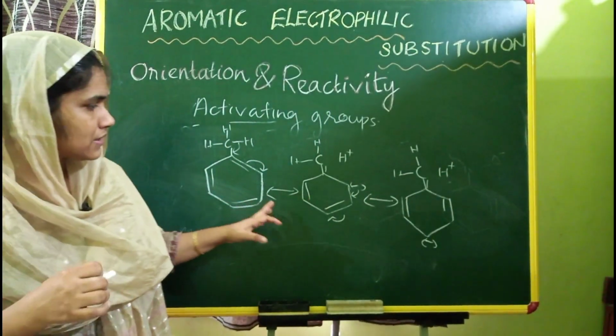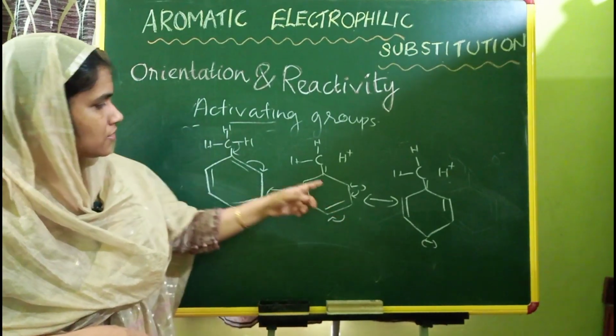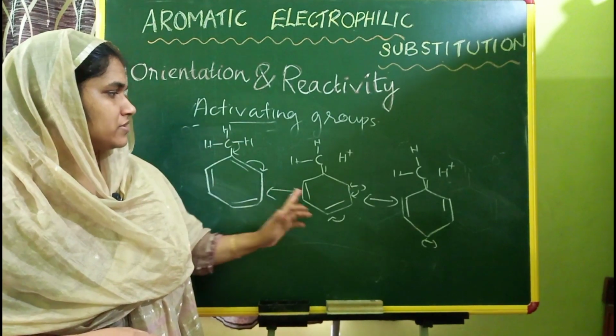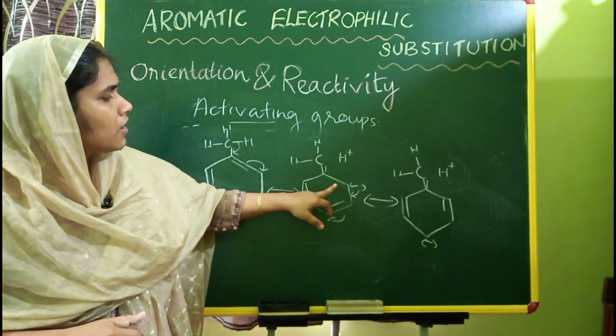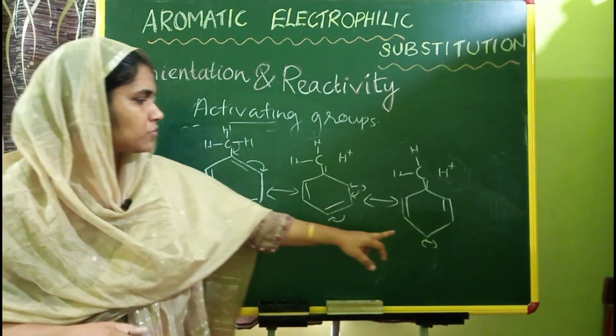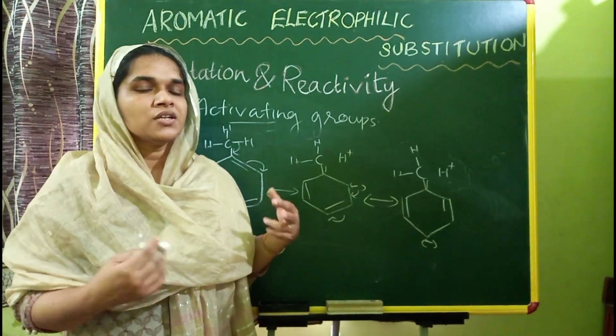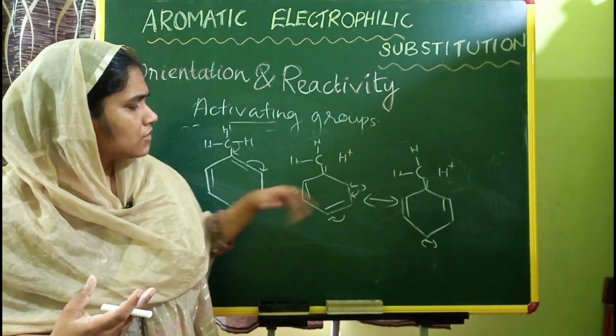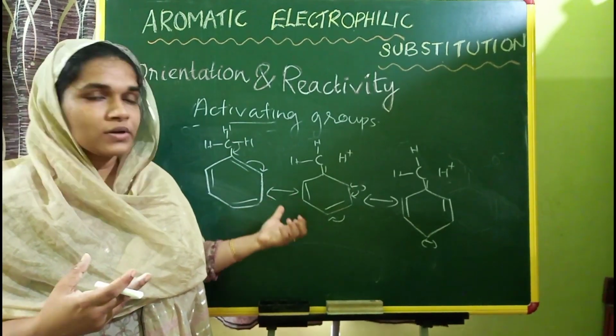So this is a resonantly stabilized hyperconjugative structure. Here also the ortho and para positions have a negative charge, so it will stabilize the ring, and the ring will be more electron rich.